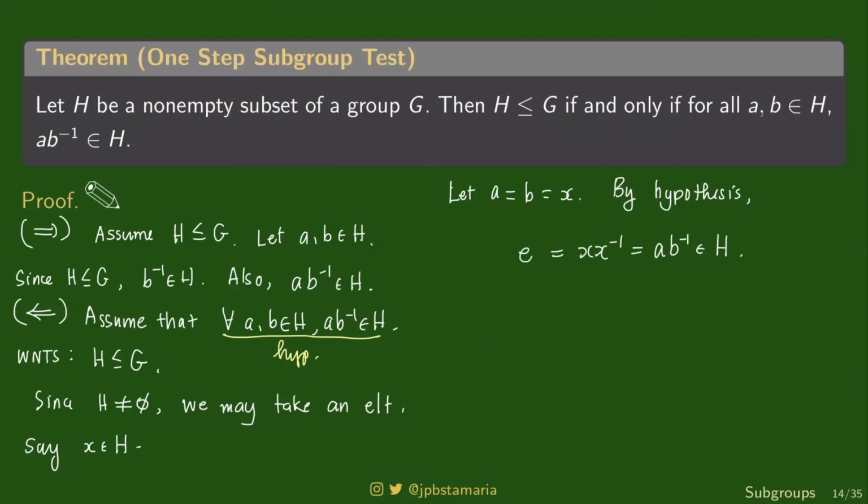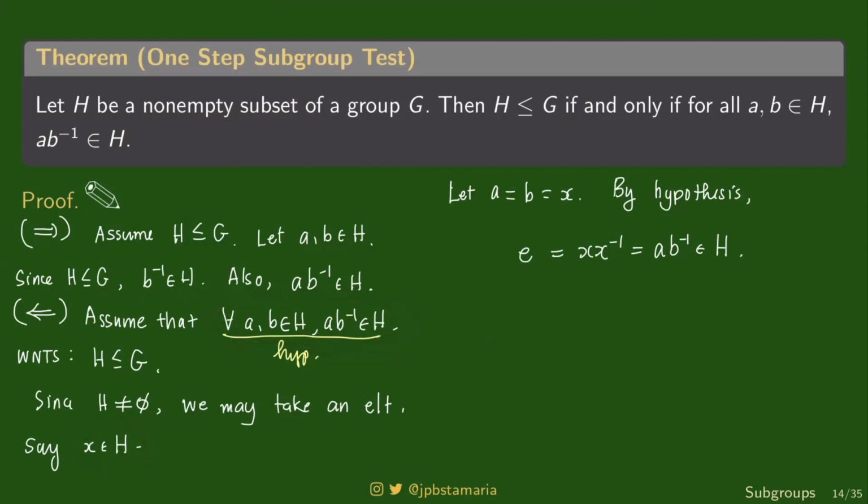So, ang na-prove natin is that si E, yung identity element ni G, ay nasa H by using the hypothesis. So, remember, the hypothesis is true for as long as A and B are elements of H. Ang ginawa ko dito, kumuha ko ng kahit na sinong element ng H because I know that it is not empty.